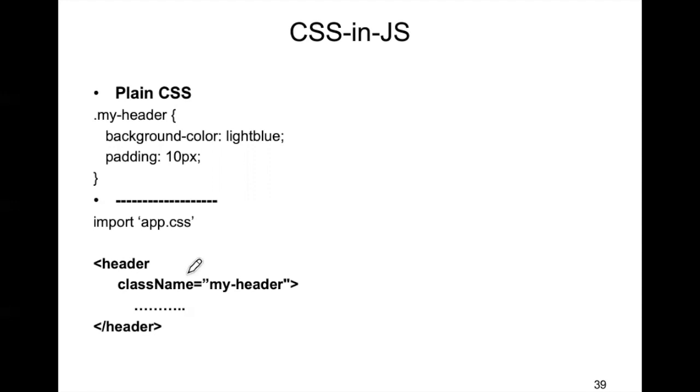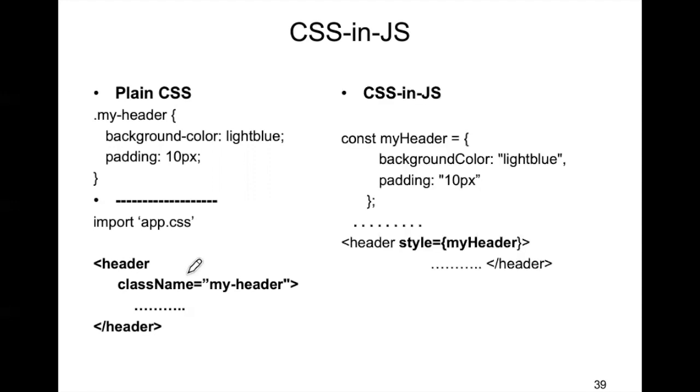With the CSS in JS model, this is how you can approach it. You can actually write your CSS as a JavaScript object, which is what I've got here. So this here is the equivalent of my CSS over here, but this is coded as an ordinary JavaScript object inside my component file, which is a JavaScript file.